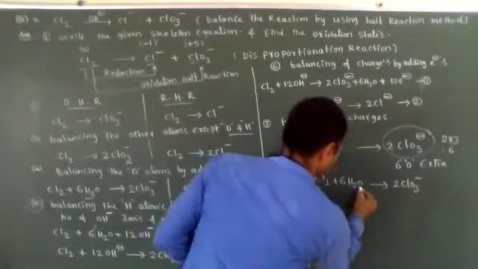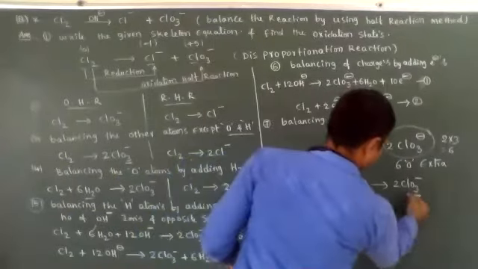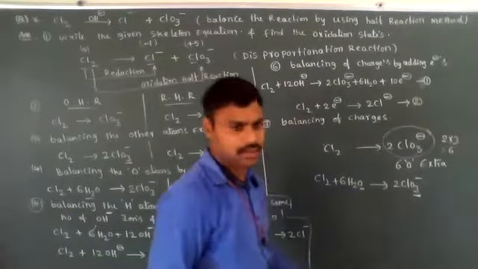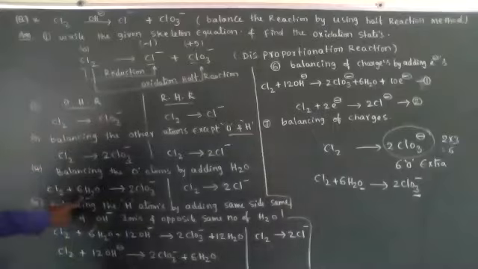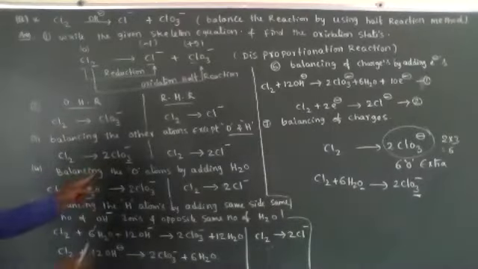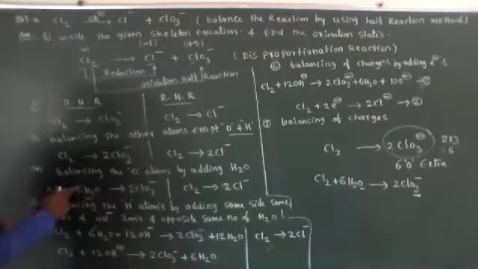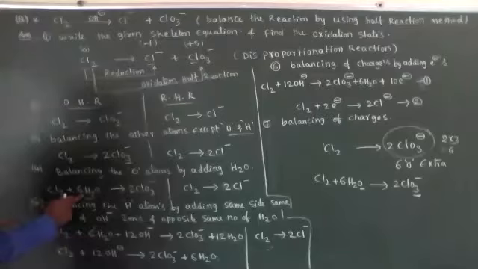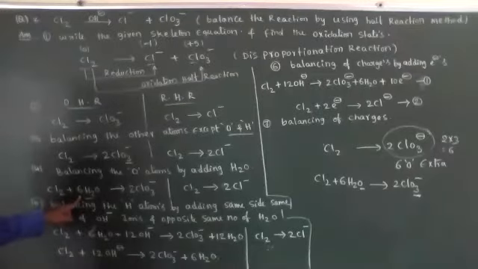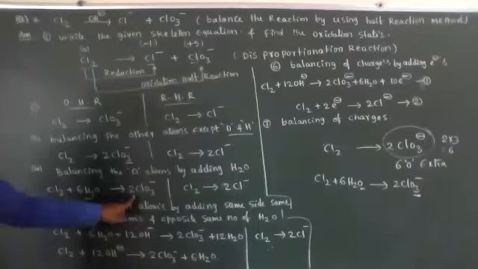See, how many oxygen atoms? 6. And here, how many? 6. Now Cl2 plus 6H2O, because 6 oxygen atoms are more on the right side, on the left side I added 6H2O. Then Cl2 plus 6H2O is converted into 2ClO3 minus.